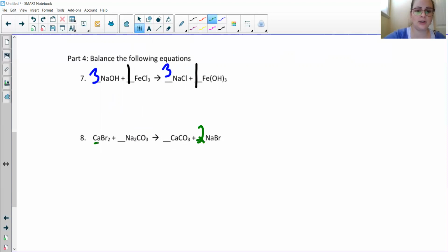So I have 1 calcium, 1 calcium, 2 Brs, 2 Brs, 2 sodiums, 2 sodiums, 1 CO3, 1 CO3. I am now balanced. So the order of coefficients on this is 1, 1, 1, 2.